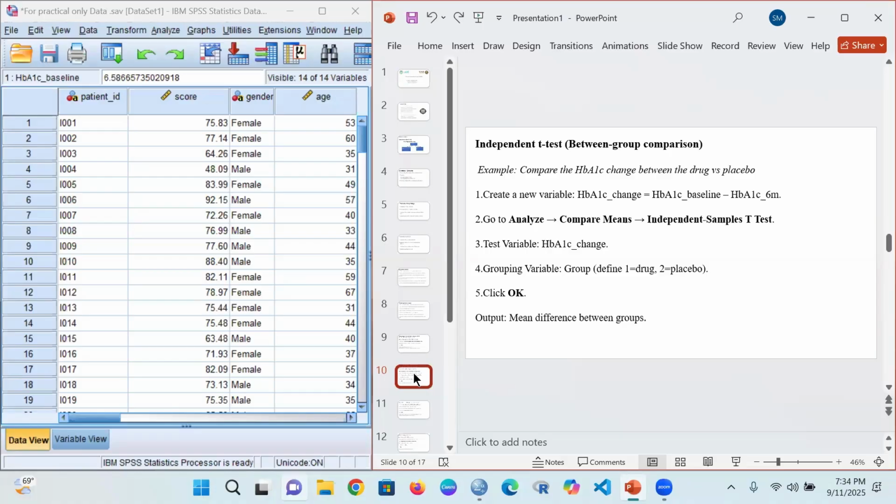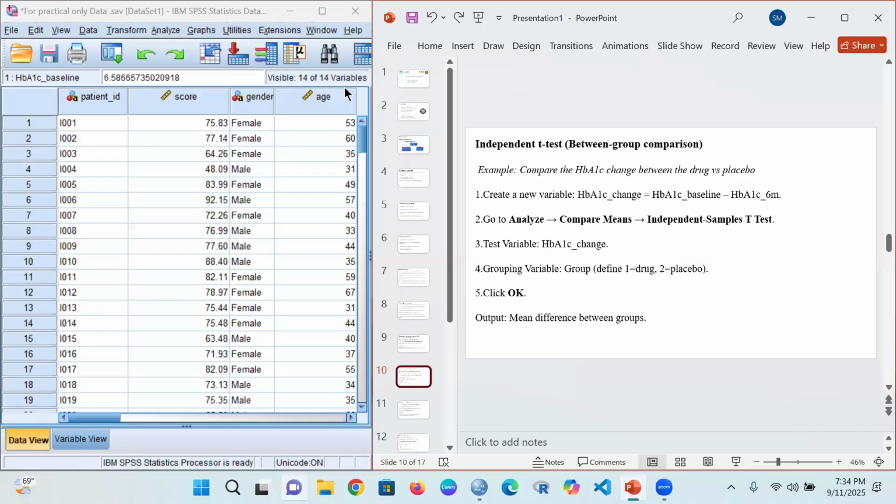So we want to compare the HB1C change between the drug and the placebo. Let me show you how to go about the independent t-test. First of all, you have to have the HB1C change from baseline. We'll have to compare from baseline to 6 months. Also, you'll have to compare from baseline to 3 months.